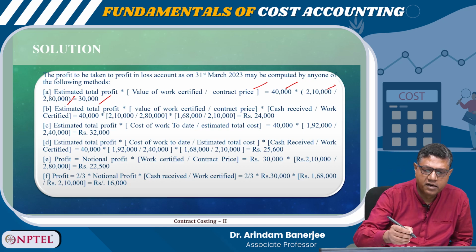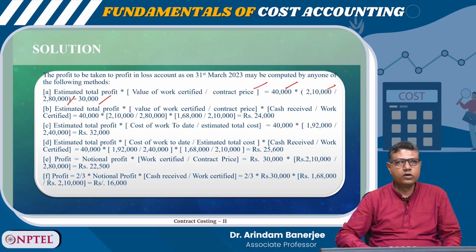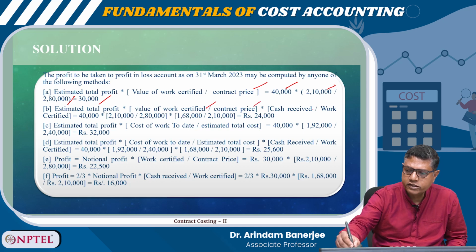The second method is estimated total profit into value of work certified divided by the contract price into cash received divided by work certified.